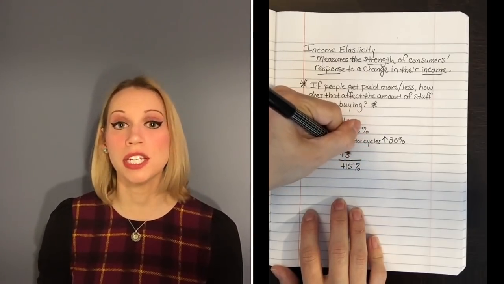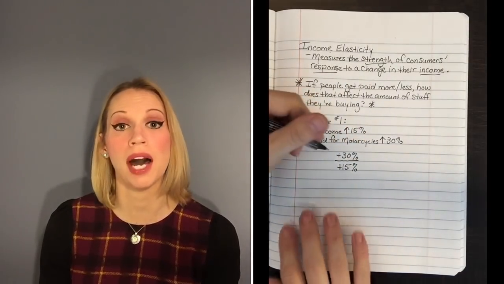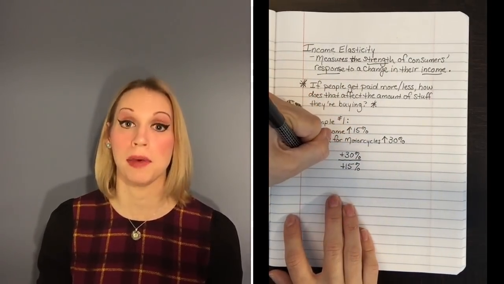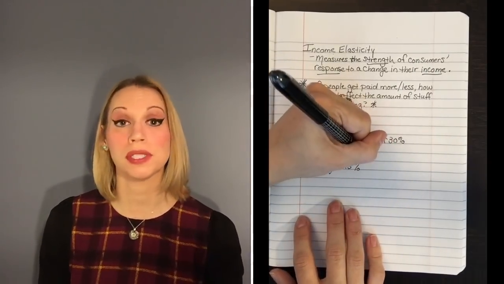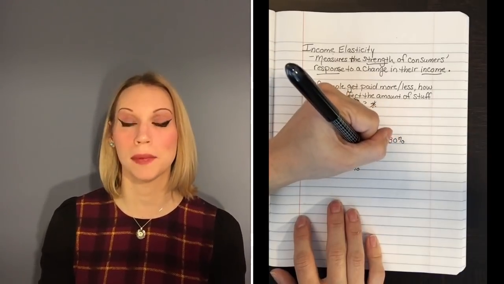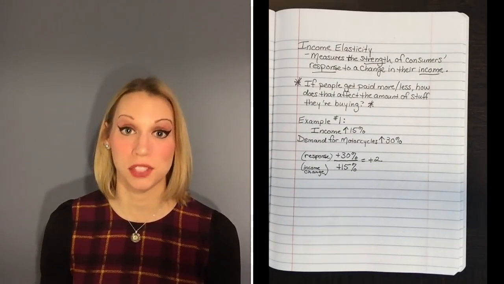The thing that changed first was that people got paid 15% more, so we're going to have a positive 15 in the bottom of our division. Their reaction was that they went out and bought 30% more motorcycles, so we're going to have a positive 30 in the top. When we divide these out, positive 30 divided by positive 15, we're going to get a positive 2.